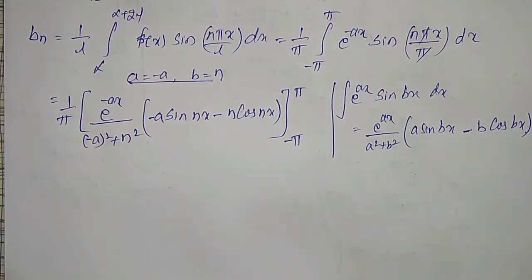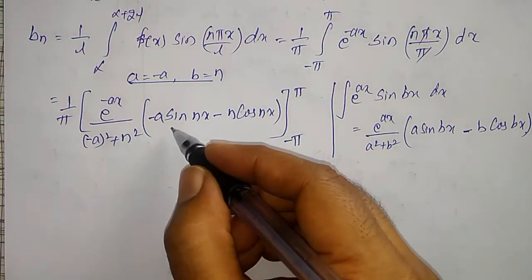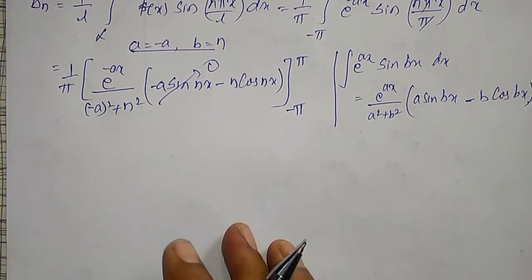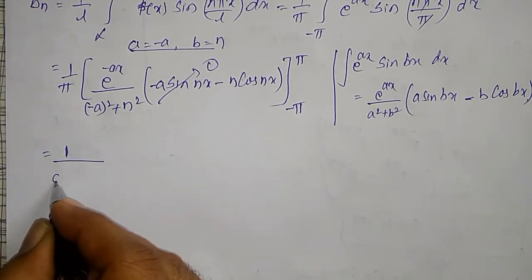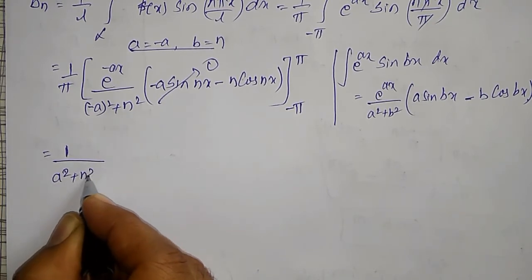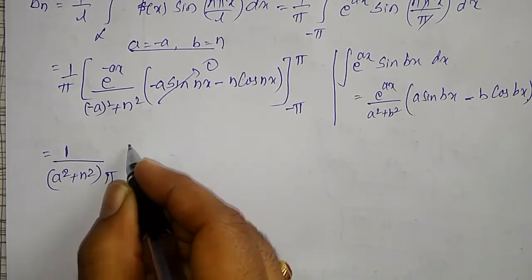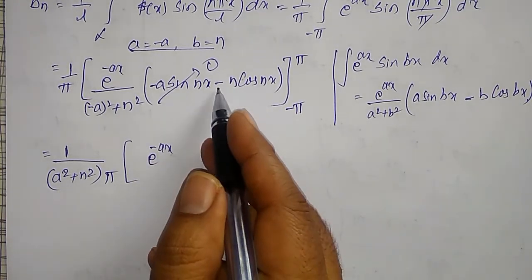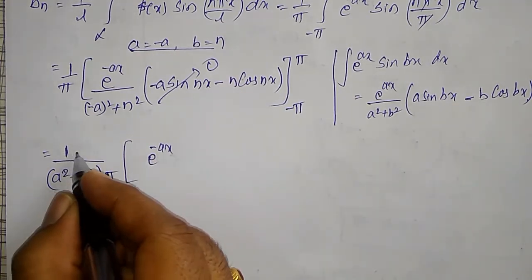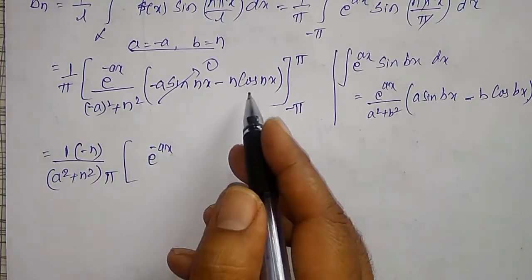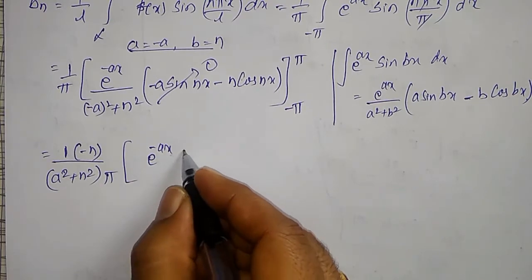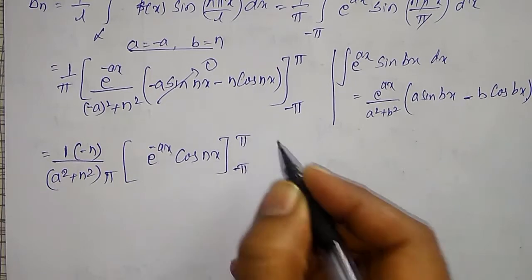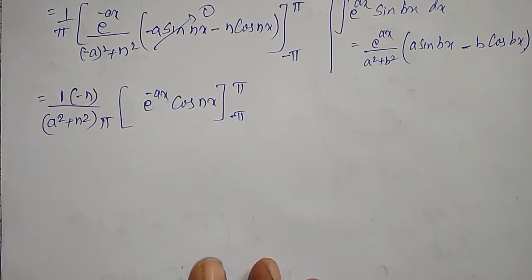Now substitute upper limit minus lower limit. Before that, the sine contained term again will become 0. Next, 1 by a square plus n square into pi as it is. Remaining term is e to the power minus ax, and this minus n I will take outside, into cos nx between the limits minus pi to plus pi. Again substitute the upper limit minus lower limit.